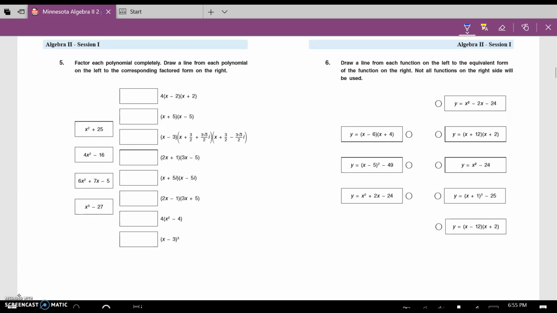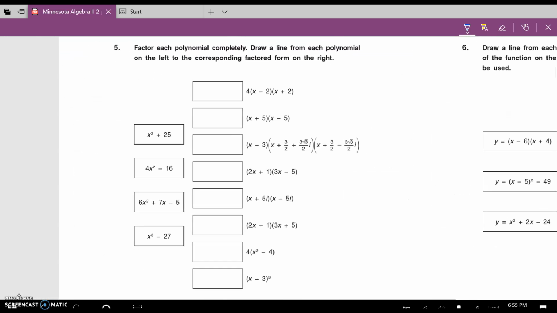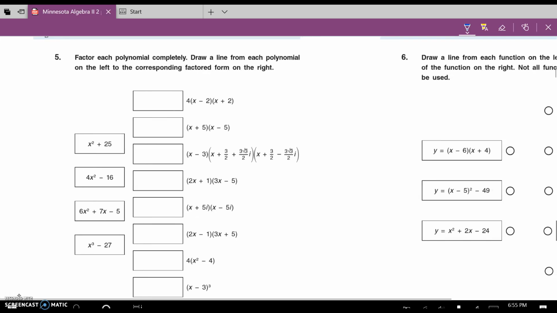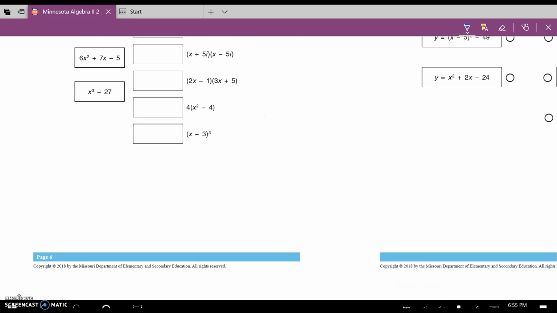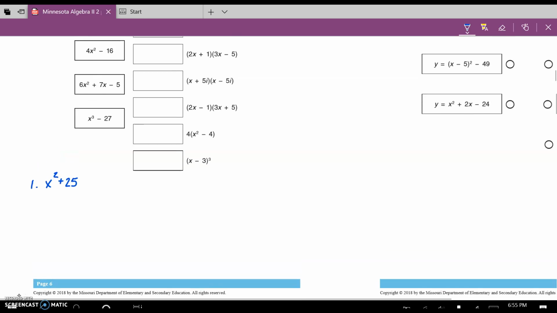All right, so then number 5, we start our factoring, and it wants to know what polynomial on the left corresponds to the polynomial on the right. So first we have x squared plus 25. So we'll just number this. So how can we factor x squared plus 25?